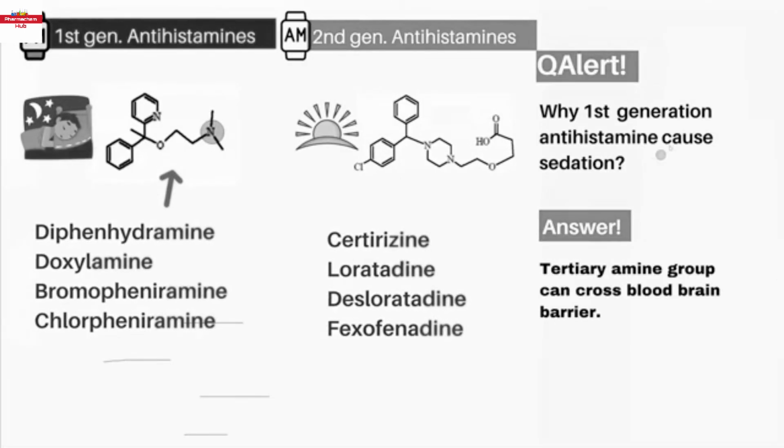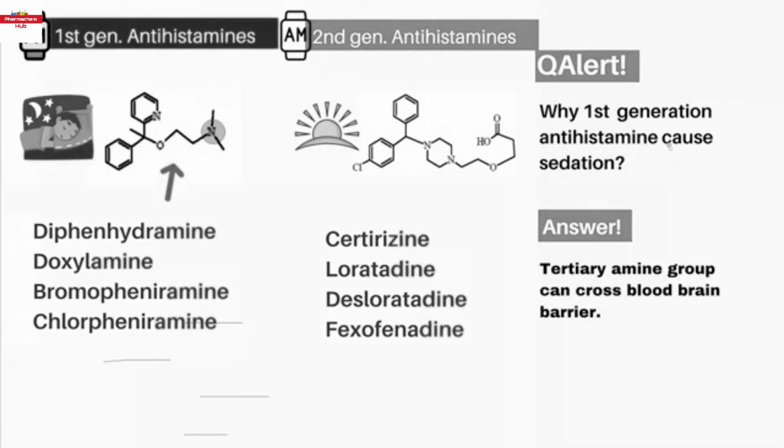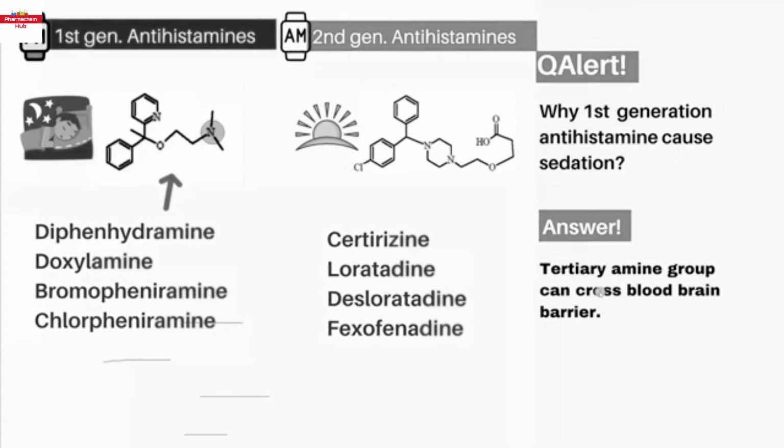First generation antihistamines cause sedation because they have a tertiary amine group, and that tertiary amine group can cross the blood-brain barrier. Because of this tertiary amine group, these first generation antihistamines, especially the ethanolamine type, can cross the blood-brain barrier.